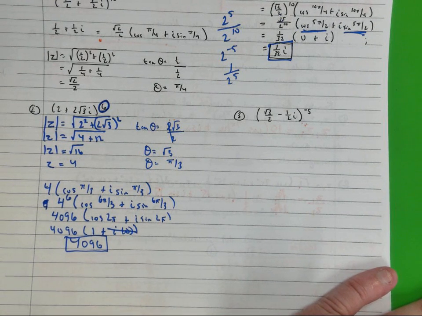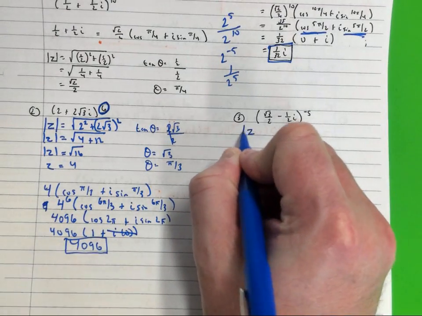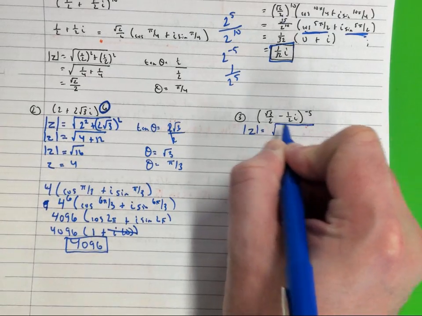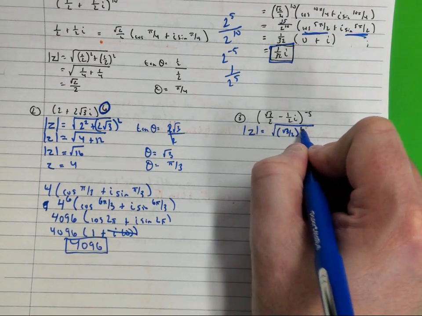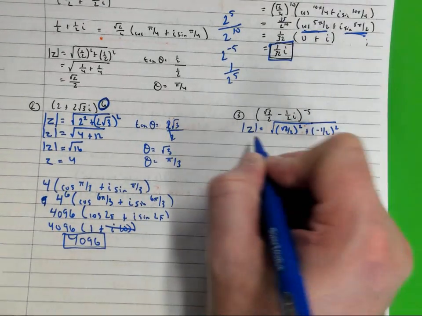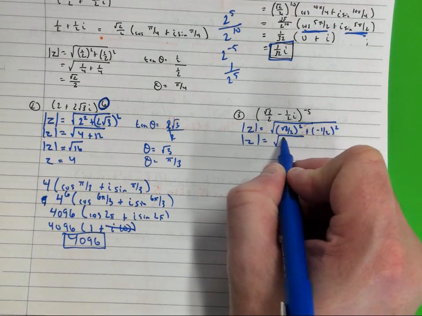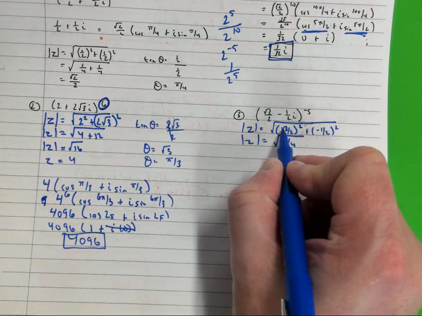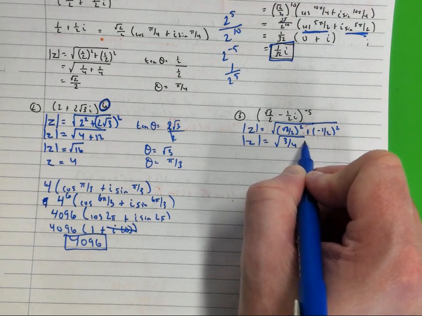Alright. First thing we'll do is find the modulus. Z equals square root of 3 over 2 squared plus negative 1/2 squared. When I square root of 3 over 2, I get 3/4, because your square root and your square cancel out, leaving that 3, but 2 squared is 4.